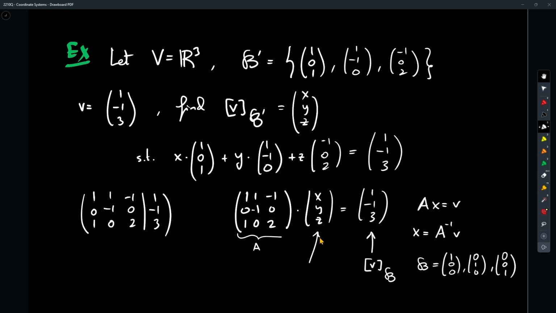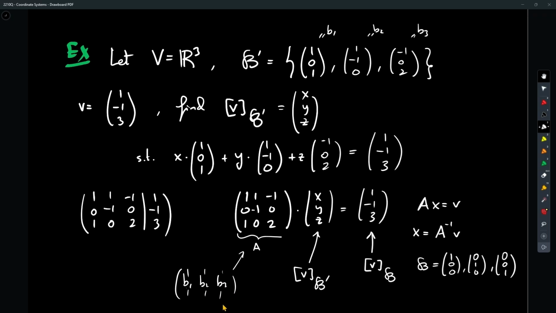And what I'm looking for here are the coordinates with respect to the new system. By the way, if these were B1, B2, and B3, what is this matrix? It is the matrix that has B1, B2, and B3 as columns.